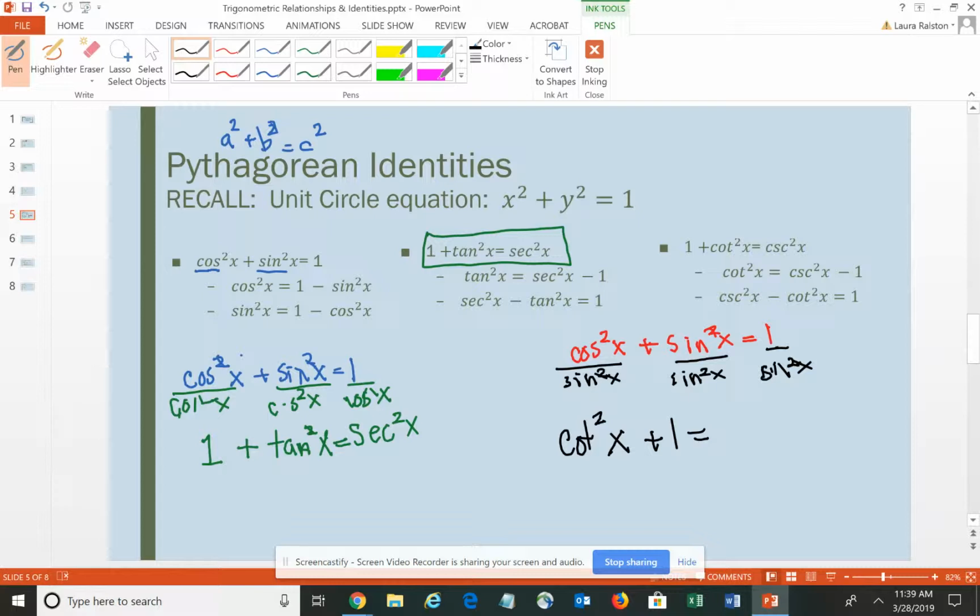That's the reciprocal, and it's the reciprocal of cosecant squared x. So again, that gives us this third relationship. Everything stems from the very first one: if anything, you need to learn cosine squared plus sine squared equals 1, because you can develop the others from that one Pythagorean identity.